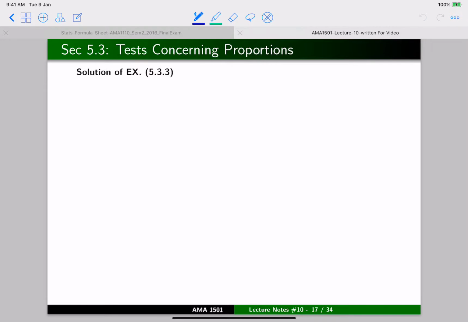Let n1 be the population of unemployed and n2 be the population of underemployed. The sample proportion of unemployed is 27% and the sample proportion of underemployed is 25% who have problems in relationships.